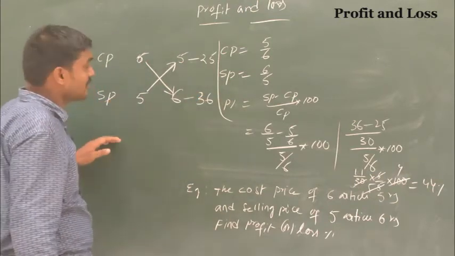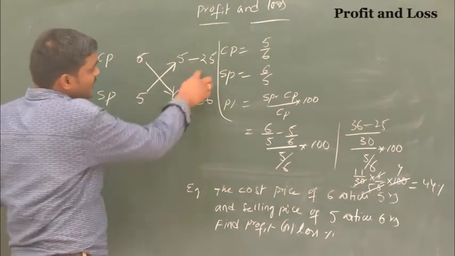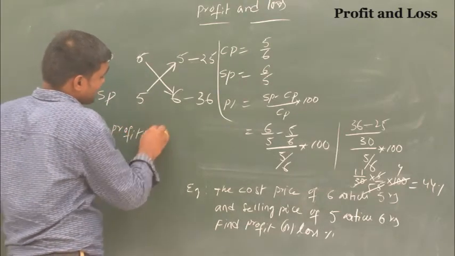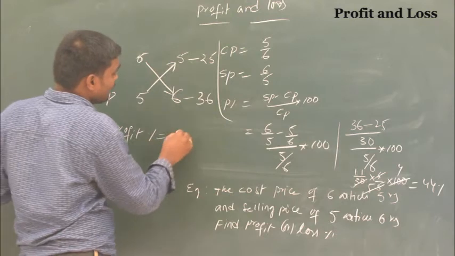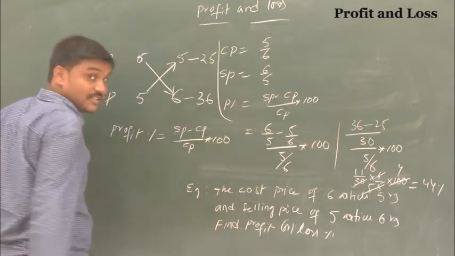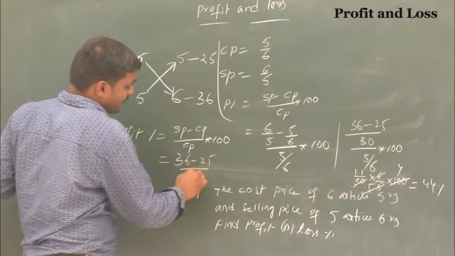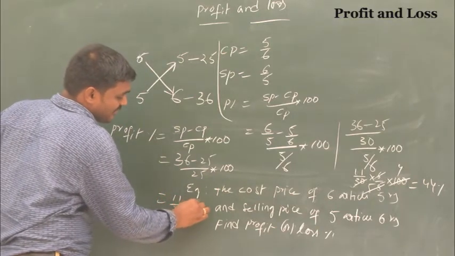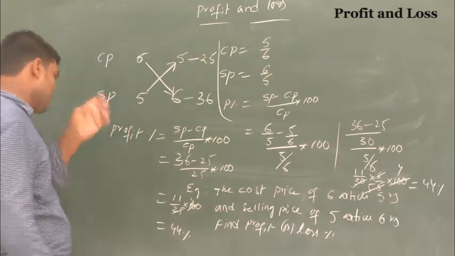You can take cost price as 25 and selling price as 36. Then profit percentage equals (SP minus CP) by CP into 100, that is (36 minus 25) by 25 into 100, so 11 by 25 into 100, which is 44%.